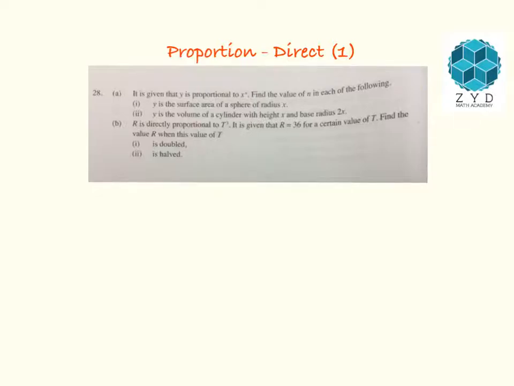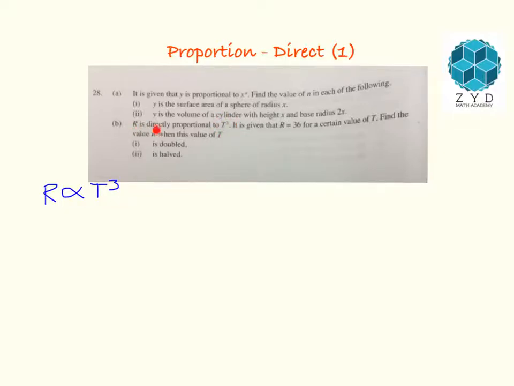So again, for every proportion question, we must write down the first statement, which is r is directly proportional to t cubed. What I just did here is literally translate this r to this r. Directly proportional is this one, and t cubed is here.